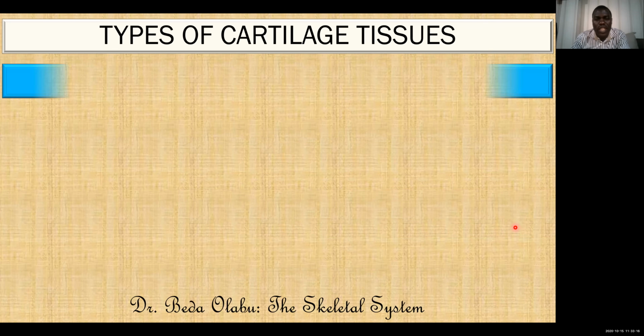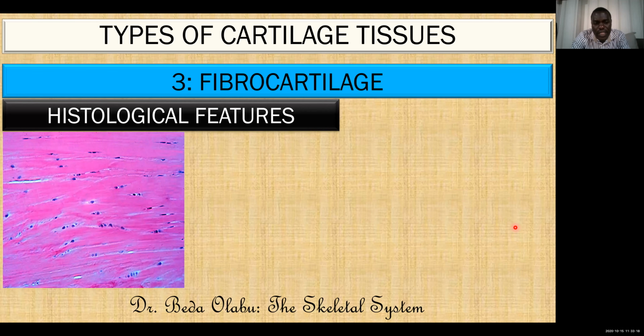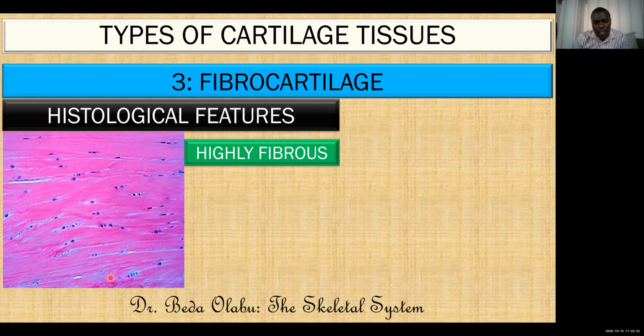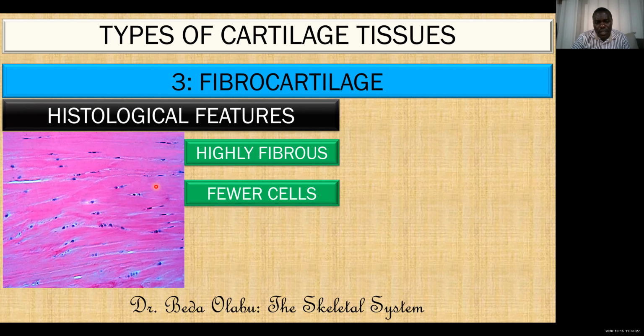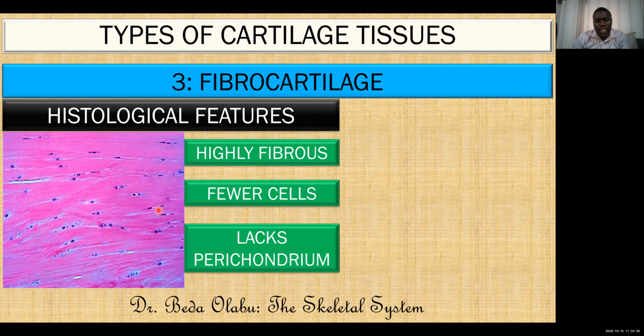The last type of cartilage we mentioned was fibrocartilage, which has fewer cells and a lot of connective tissue fibers. Usually fibrocartilage does not have perichondrium.